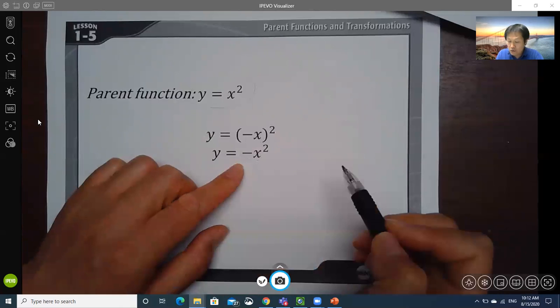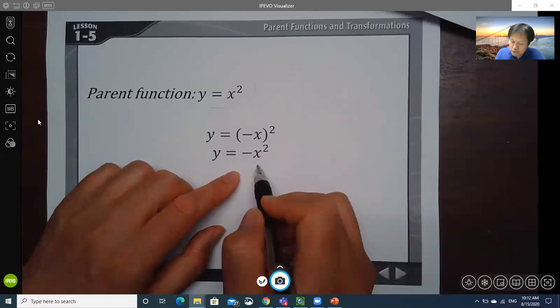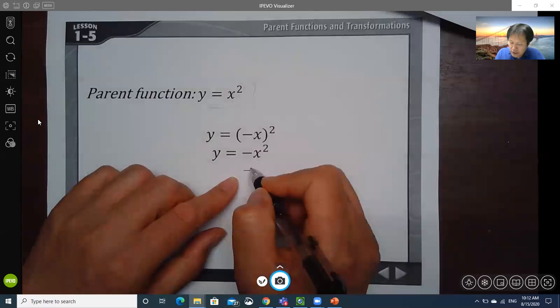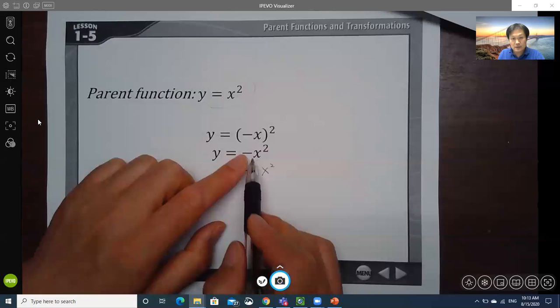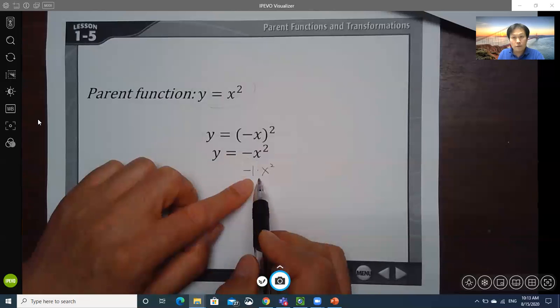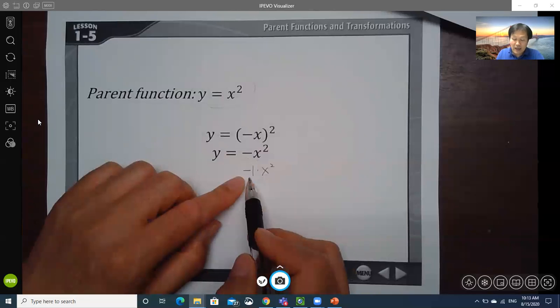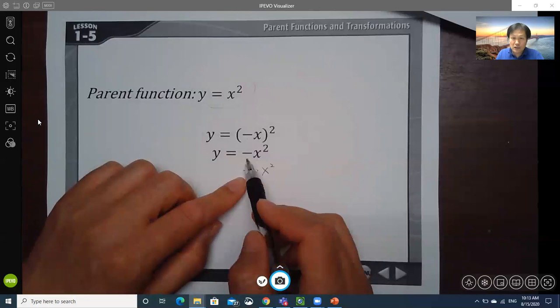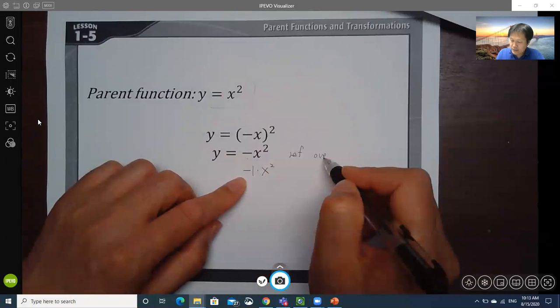You might say, how come they cannot see each other? -1 is right next to the x. This is exactly the same writing as -1 times x squared. That writing is the same as this. The square is covering x. X cannot see -1. So that's what? Reflection over the x-axis.